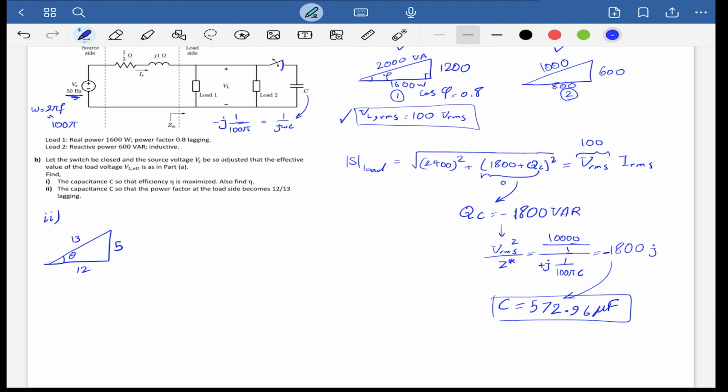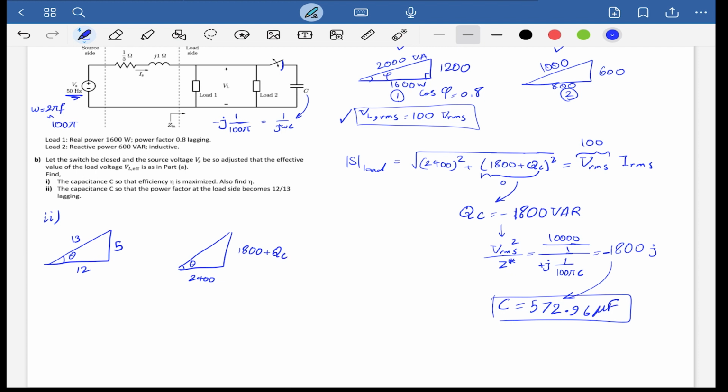And we know that in our power triangle, the real power won't change because we just added a capacitor. So this part will still be 2400 watts, but the reactance will change. So this part should be 1800 plus Q of C.